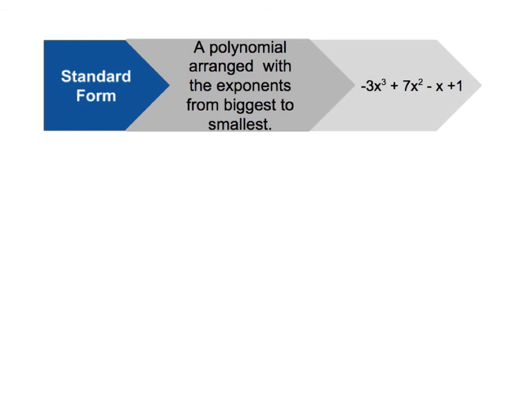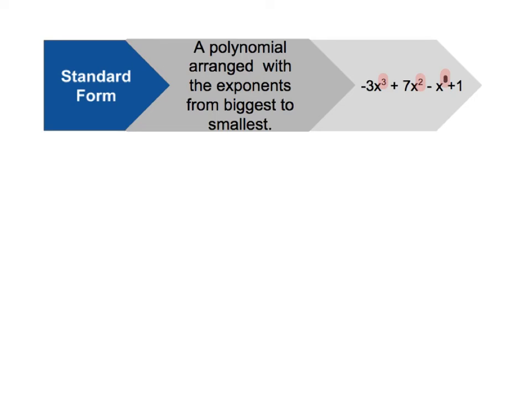The next word is standard form. That's when a polynomial is arranged with the exponents from biggest to smallest. So if I look at my example, my exponents are 3, 2. Remember, x has a sneaky little 1 there. So we have 1, and then the last one doesn't have any exponents.